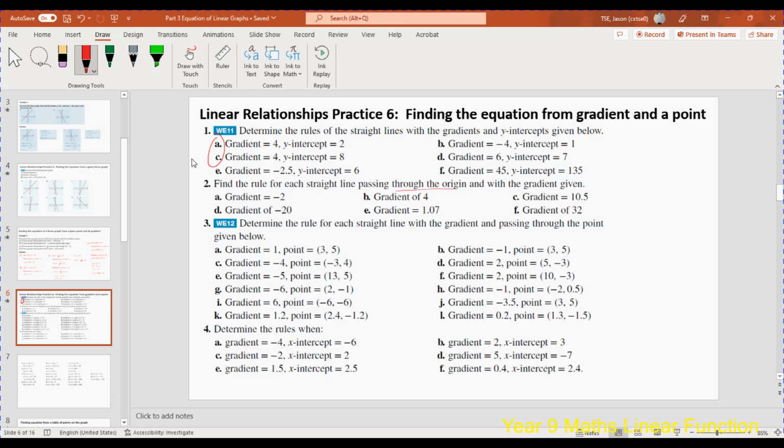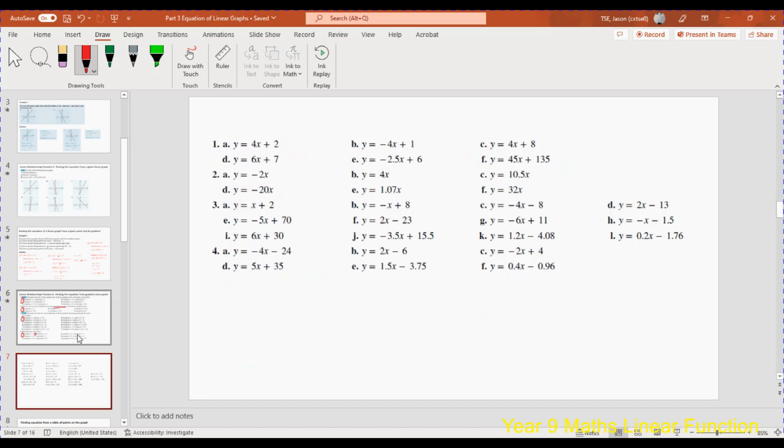This one passing through the origin. Can we try 2 questions here? Through the given points, 2 questions here. Gradient and x-intercept. Be careful, not y-intercept. Do 2 questions here. So in total, there will be 6 questions you can do for the remaining lesson. But if you finish earlier, you are always welcome to do all of them. Unfortunately, I can't give you any gift by doing so. Here are the answers. You can check your answers as always.